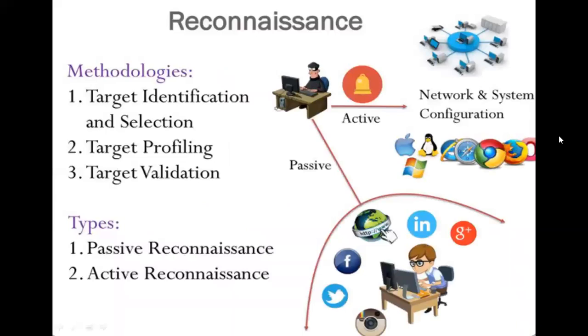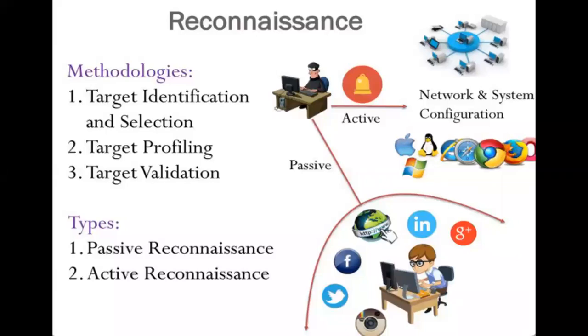So now let's go into proper reconnaissance. For this class, we are discussing more of information gathering: how to conduct it, what to do, and how to use some tools to carry it out. As you can see, the methods include target identification and selection, and profiling. You are trying to profile a particular user.